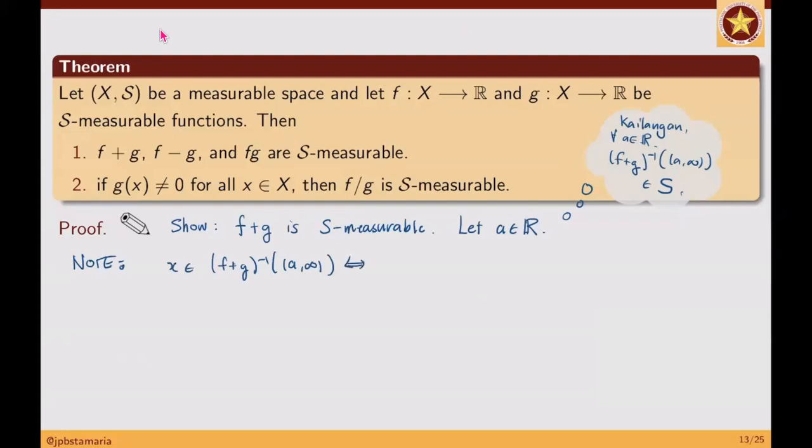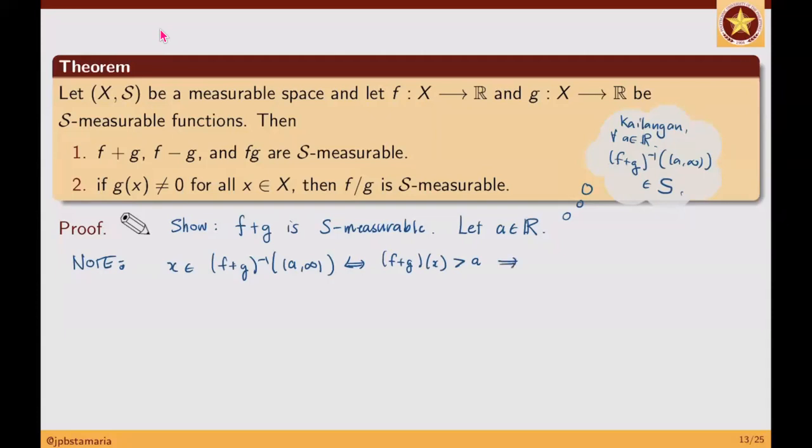If I take an arbitrary X in this set, anong masasabi nyo kay X? Well, ang nandyan sa set na yan, sir, yung mga bagay na ang image ng F plus G ay nandun sa interval na A to infinity or those that are greater than A, right? Tama? Yan ang ibig sabihin kapag nandyan ka sa set na yan. Yung image under F plus G nung X ay greater than A.